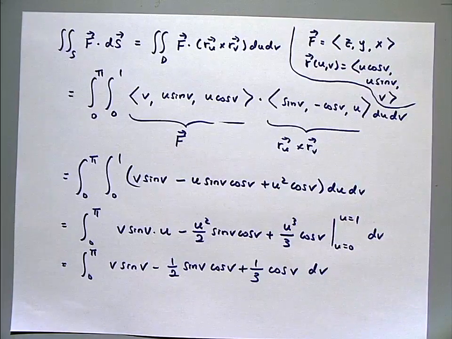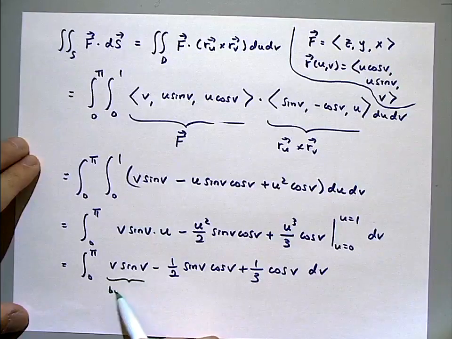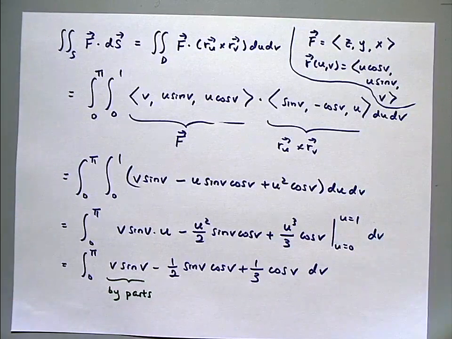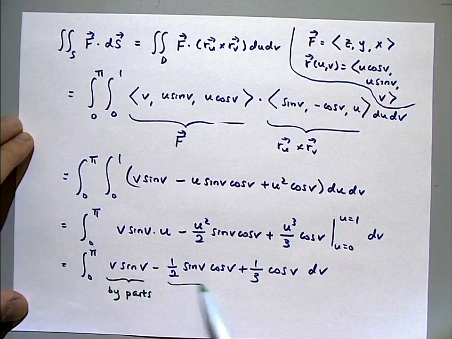All right? How do you integrate v sine v dv? By parts, right? And when you do by parts, normally we use u and v. You want to stay away from v because v is already used. So use something else. How do you integrate the middle part here?